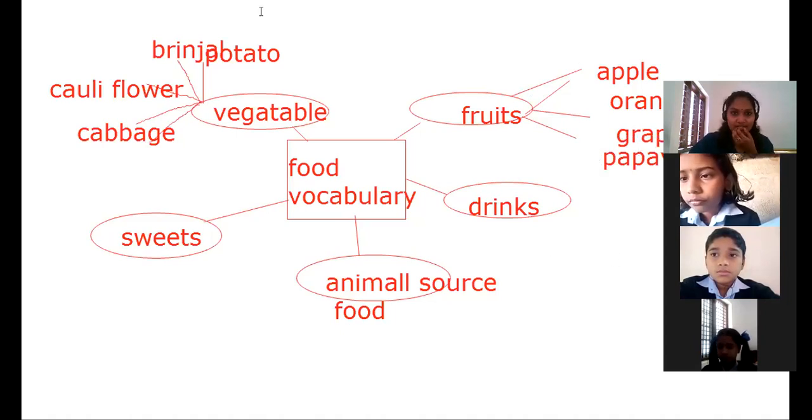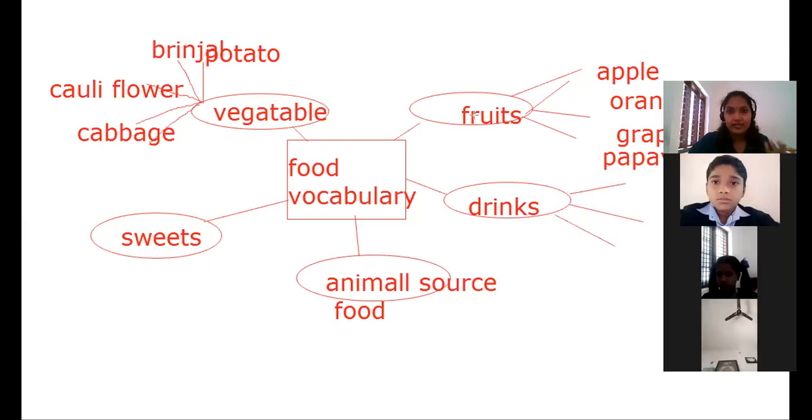Okay, and drinks. In drinks we got tea, milk, water, lemonade, coffee, things like that, right? Tea, water, milk. Okay, and there are many items.